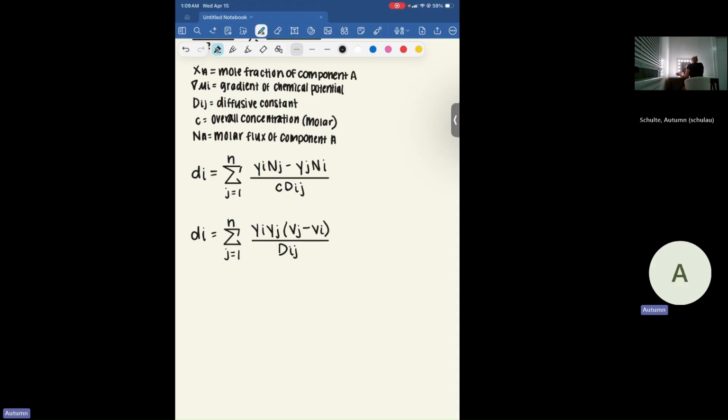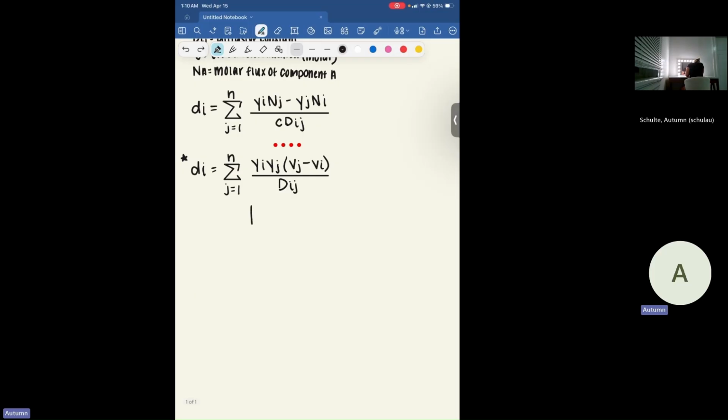Now, the main difference you'll notice between these two equations, because once again, we're trying to relate them, is that our second equation does not contain this overall concentration, C. So in order to fix that, we are going to multiply that overall concentration in the numerator and denominator.